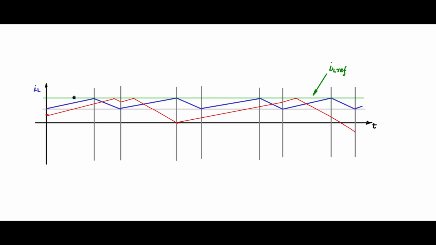Now let us try to change the shape of this IL reference line. Instead of being a straight flat line, let us introduce some slope. So what I will do is try to extend this axis, and then let me draw a line which has the same slope as the falling slope of the inductor.